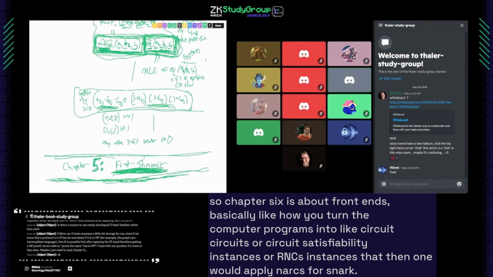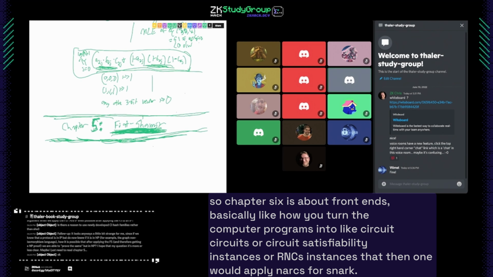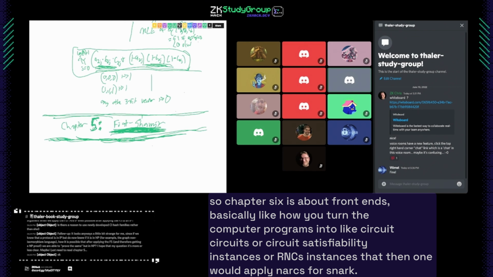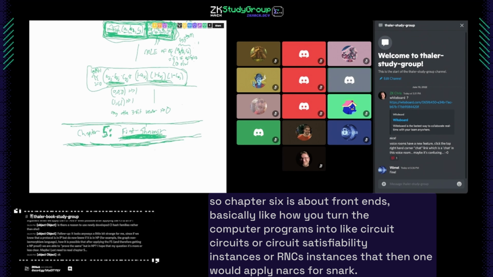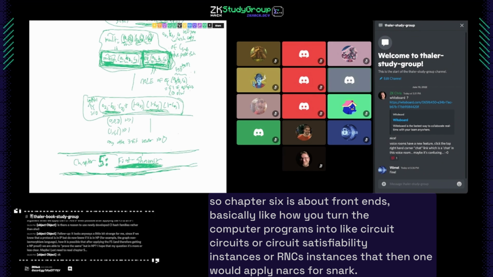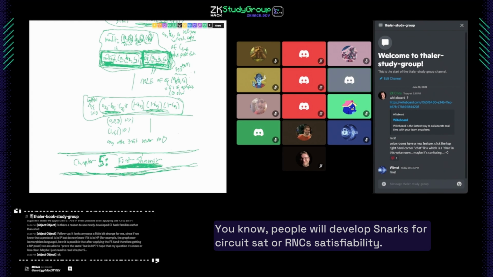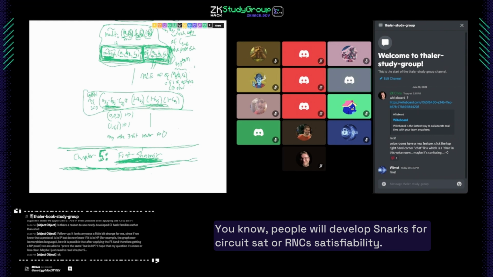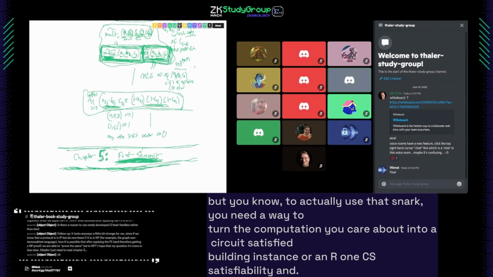So chapter 6 is about front ends, basically how you turn computer programs into circuits or circuit satisfiability instances or R1CS instances that one would then apply SNARKs to. People will develop SNARKs for circuit-SAT or R1CS satisfiability, but to actually use that SNARK, you need a way to turn the computation you care about into a circuit satisfiability instance or an R1CS satisfiability instance.